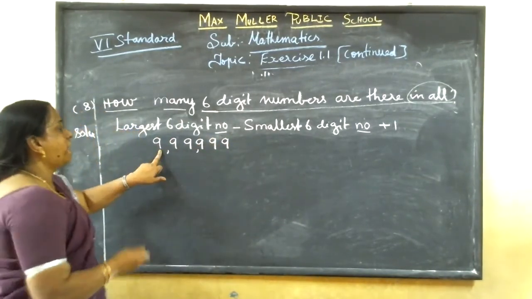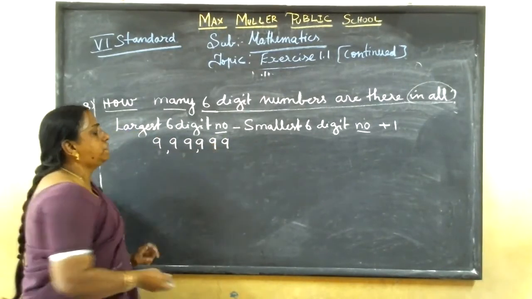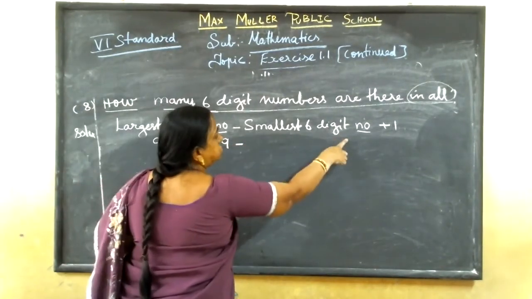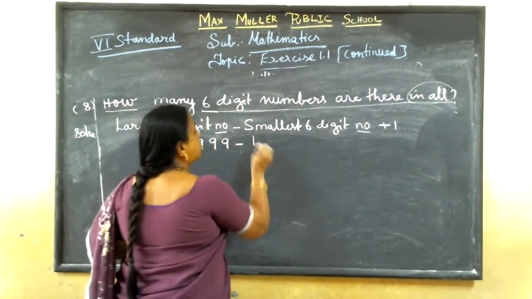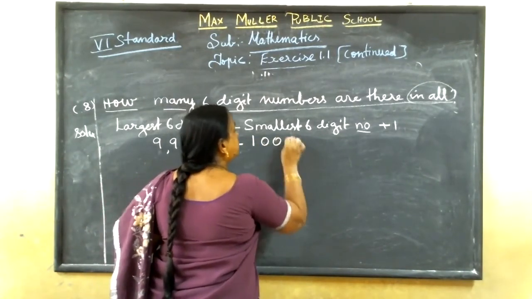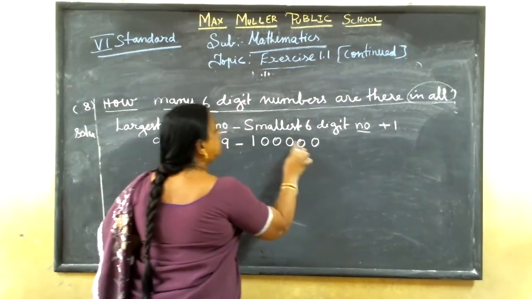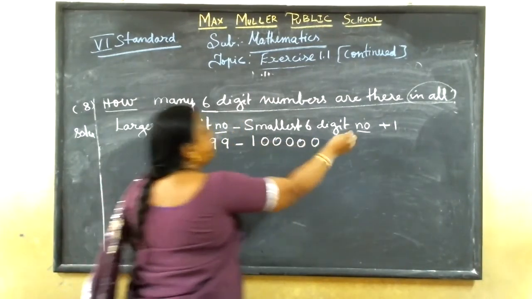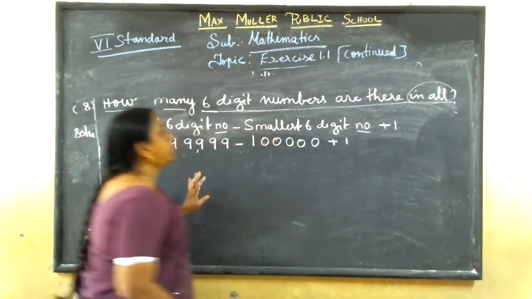So 9,99,999. Minus smallest 6-digit number is what? 1 followed by 5 zeros. So totally 6 digits: 1, 2, 3, 4, 5, 6. Okay, then you should add 1. Then you will get the answer.